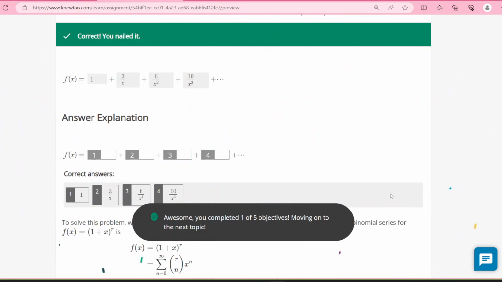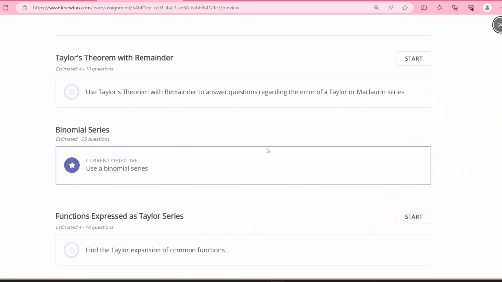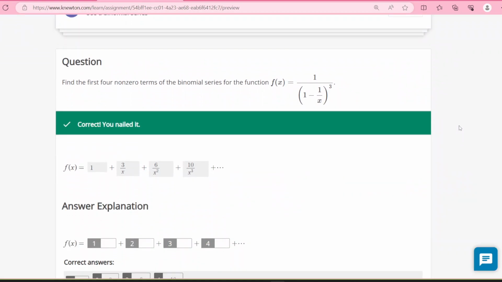And as I said at the top of the video, this is the only objective I'm doing, this binomial series one. You'll see a video for functions expressed as Taylor series later. You can go back and look at previous ones as well. But yeah, that's it for me in this video. So I hope it helps.